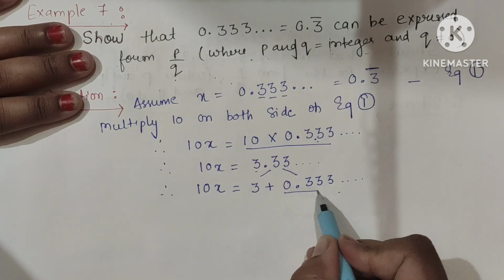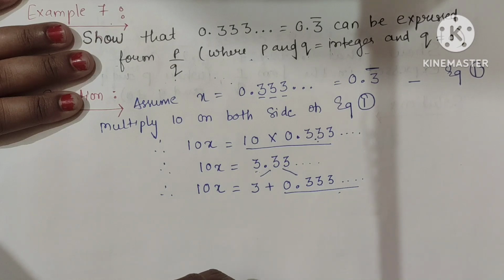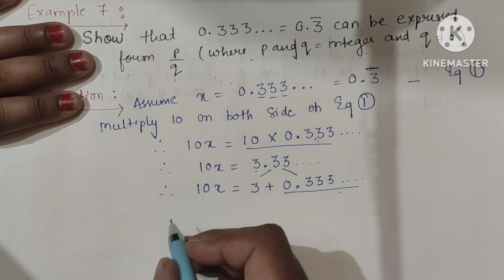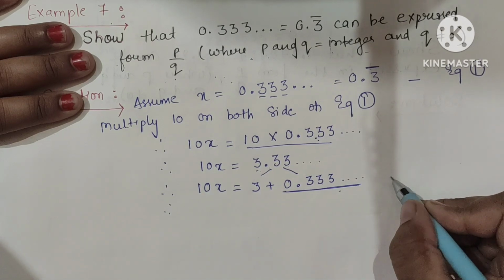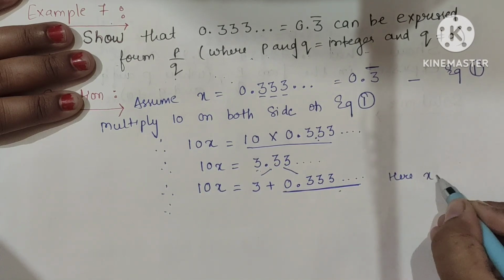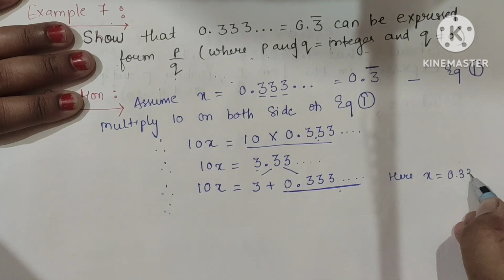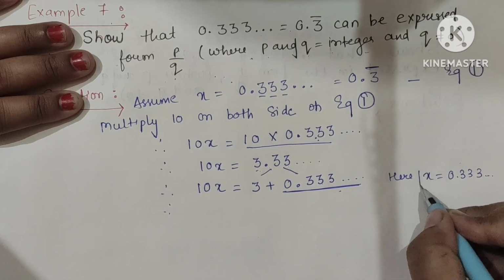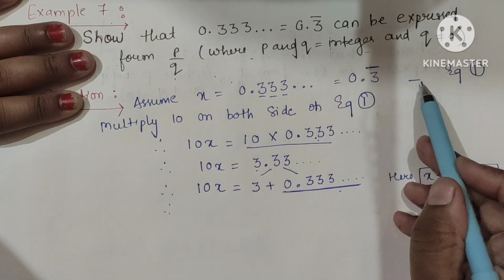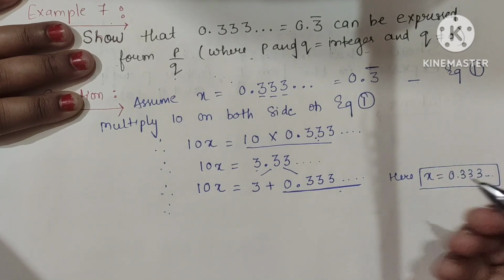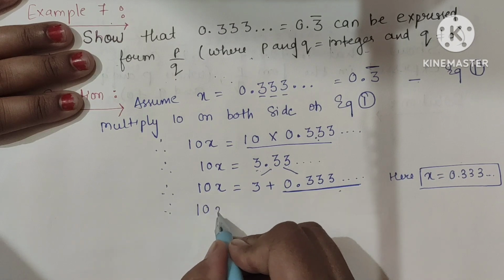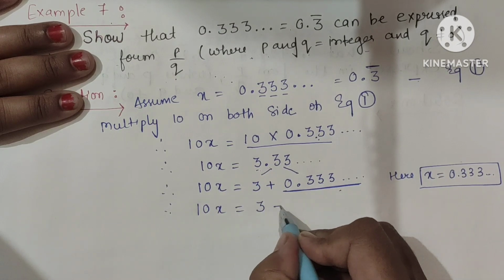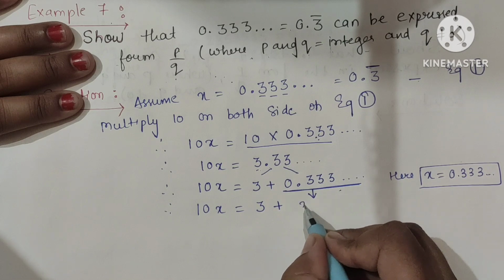Because I have to bring x over here. Now here x is equal to 0.333 from equation 1. Replace this with x. 10x is equal to 3 plus x.